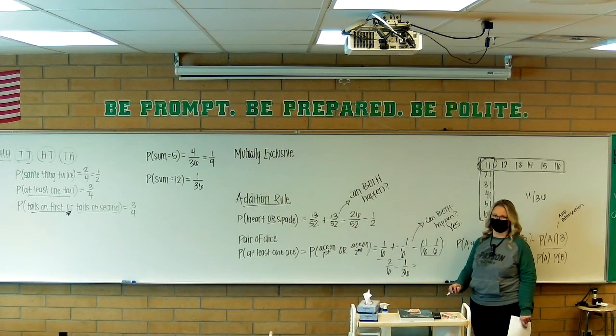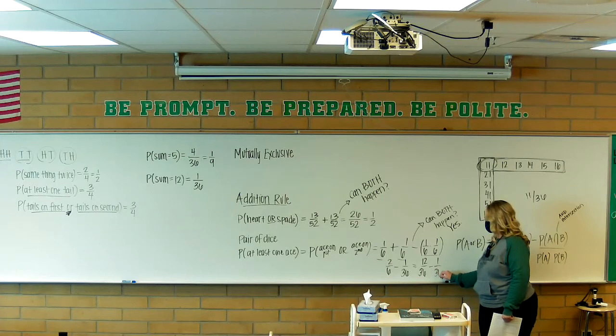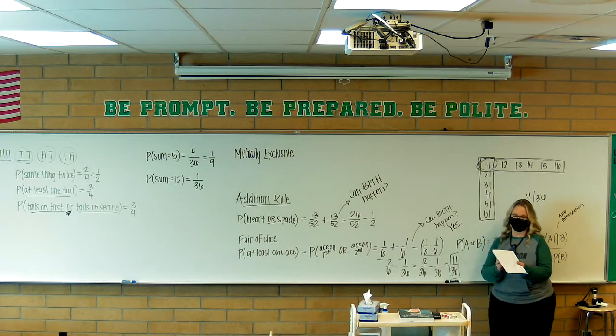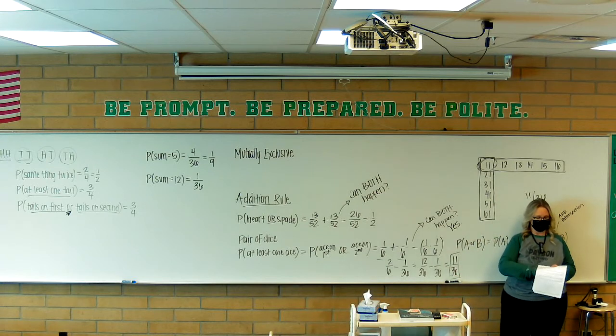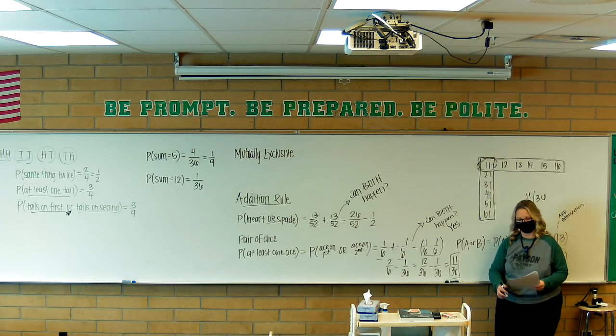If I'm all about my common denominator, that gives me 12 minus 1. So the true probability is 11/36, not 1/3. Good? Maybe? Okay.